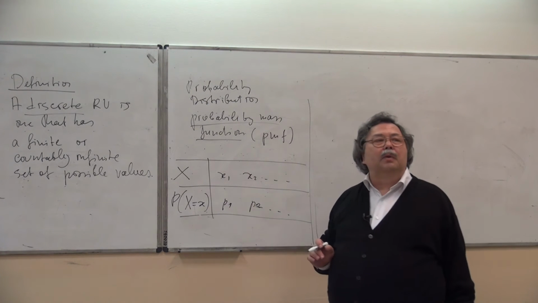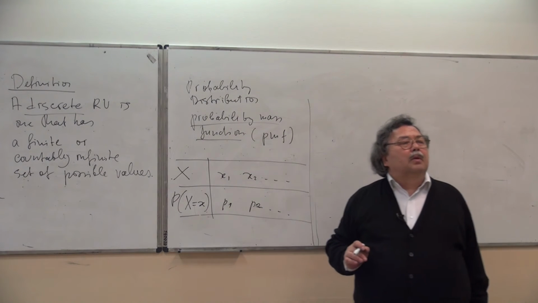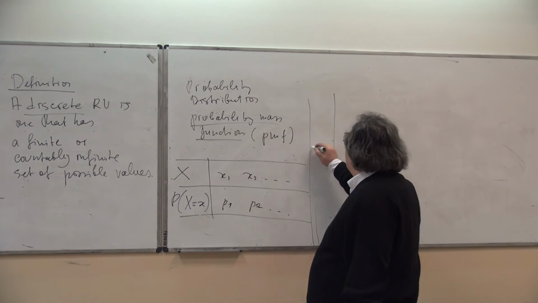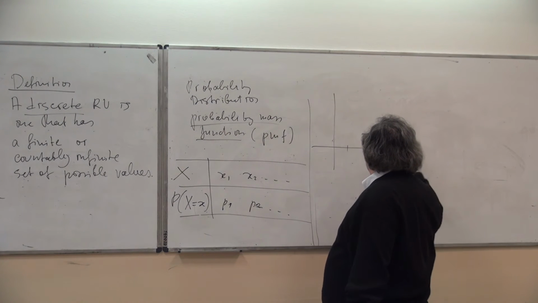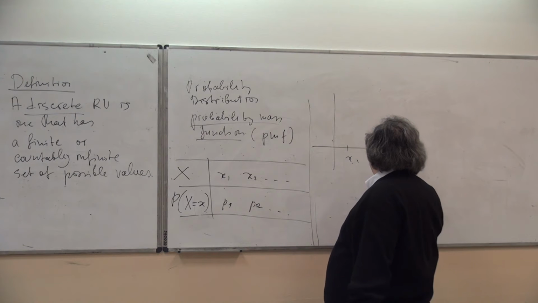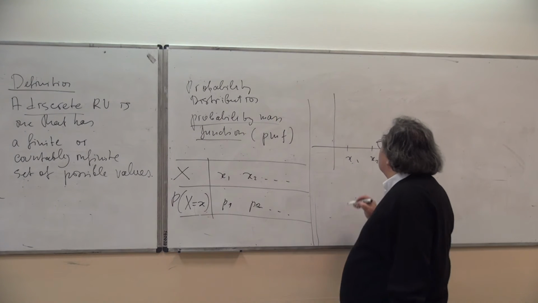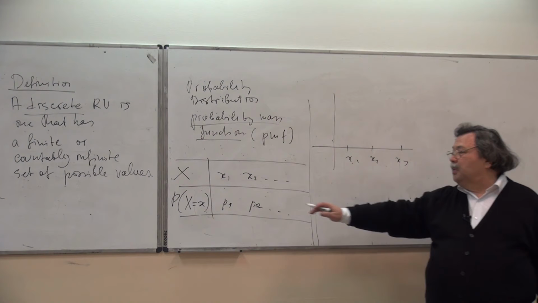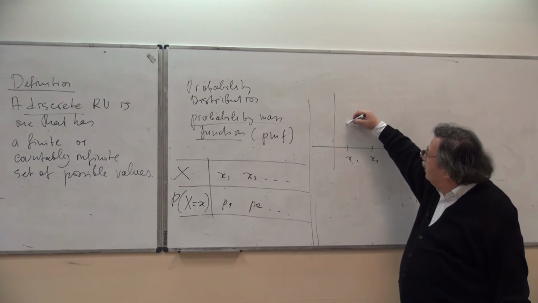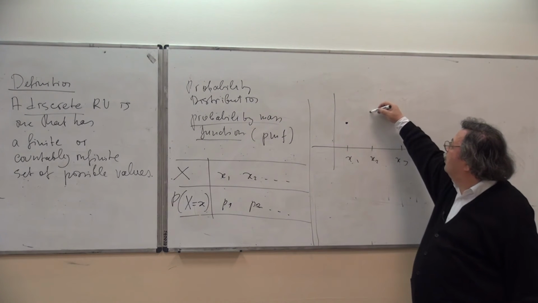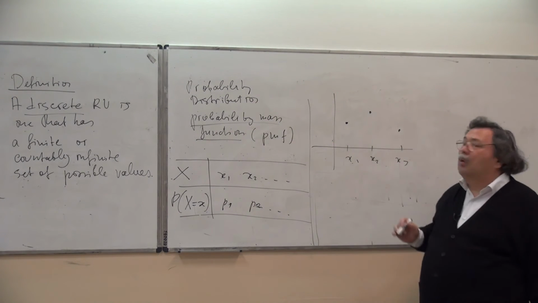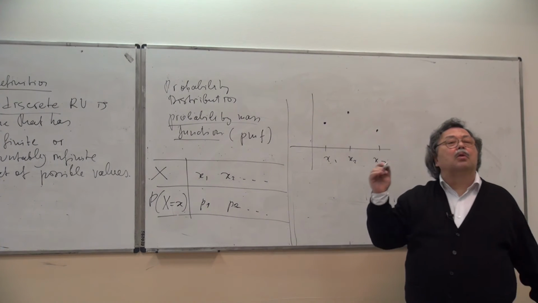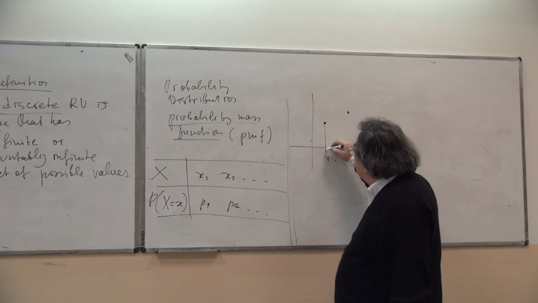Okay, if we want to give a visual representation of it, then the simple picture is this. We either represent the probability as dots, like this, or maybe as vertical line segments, or bars, like this.